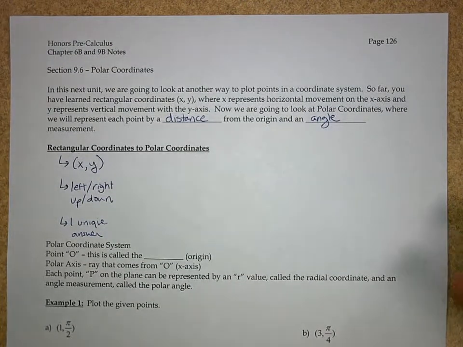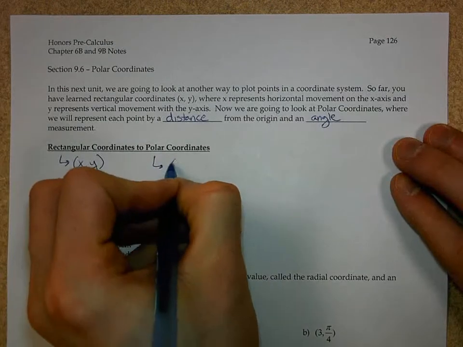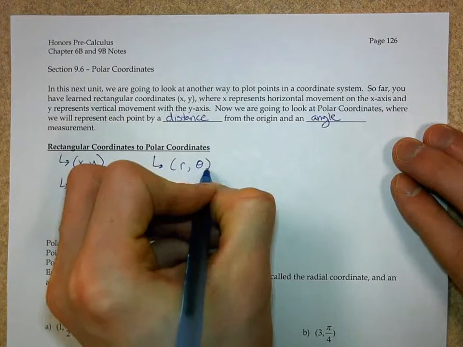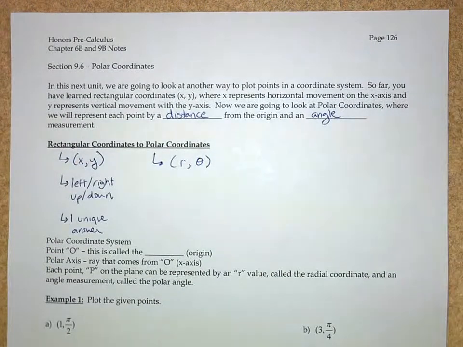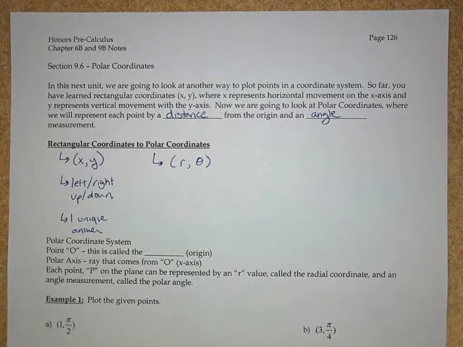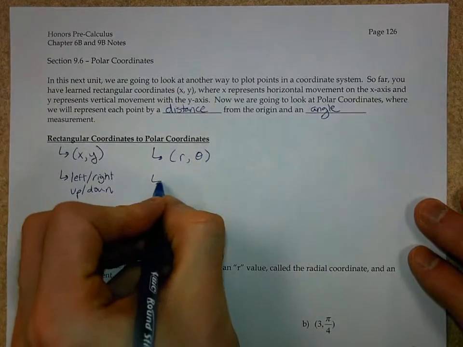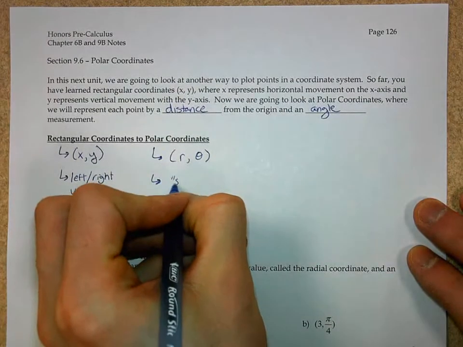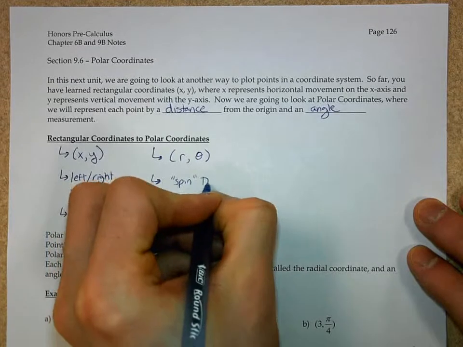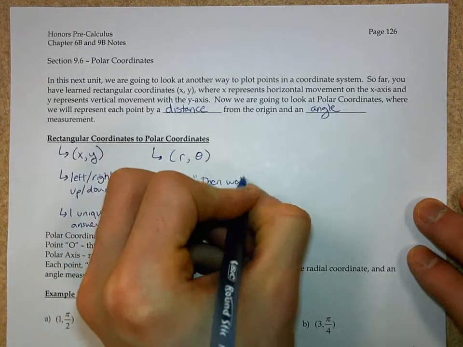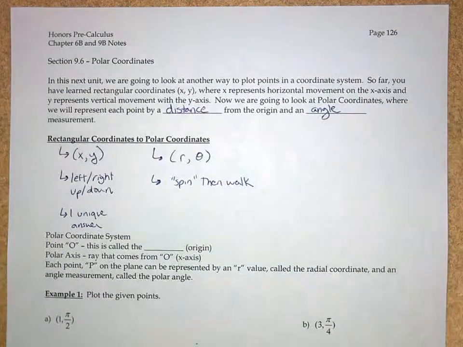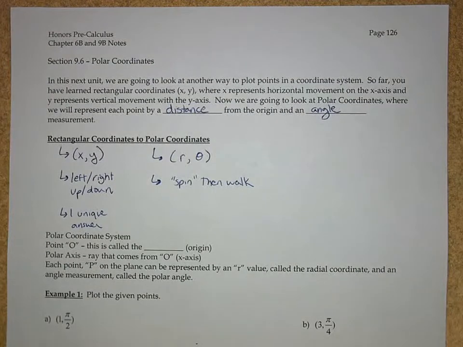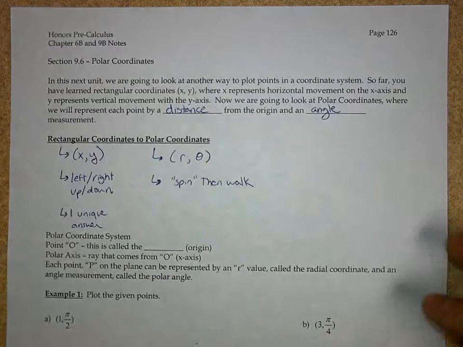However, if we look at polar coordinates, we're going to have the format r, theta, where r is going to be the radius or the distance from the center out to the point. Our movement is we are going to spin, then walk. In other words, we are going to find our angle measurement, and then we're going to go out a certain distance.